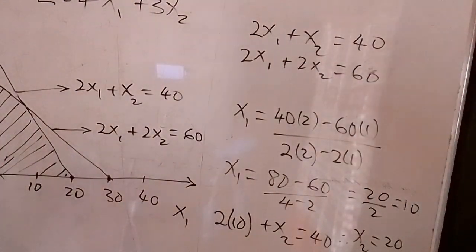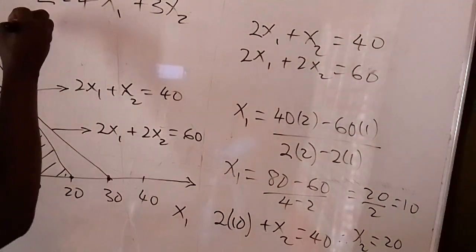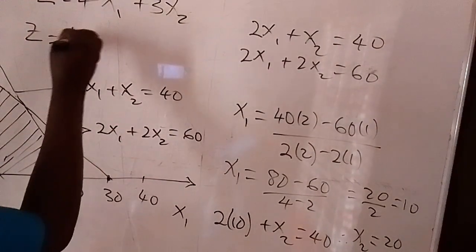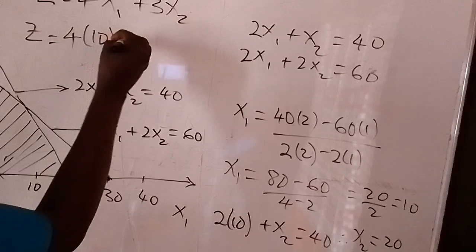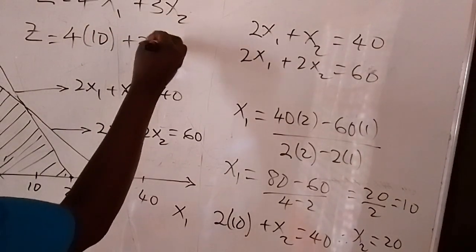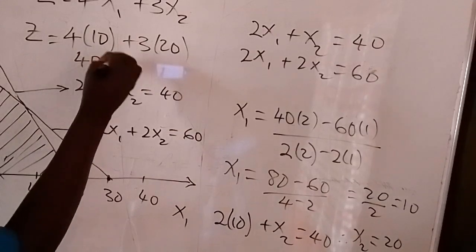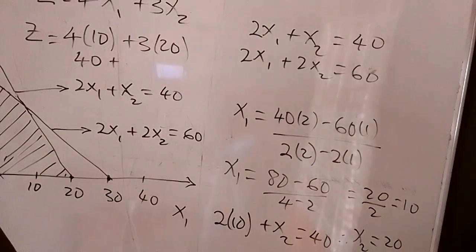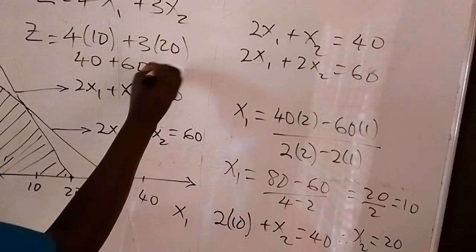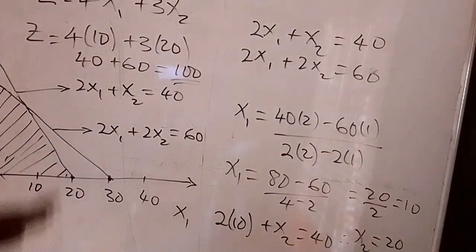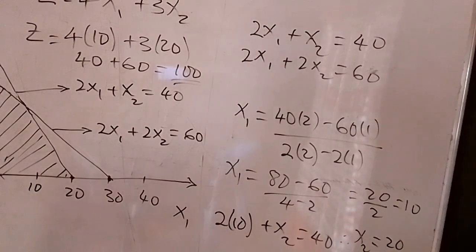So we substitute here to get the maximum profit: 4 times 10 plus 3 times 20. 4 times 10 is 40, plus 3 times 20 we get 60, and this is equal to 100. So now the maximum profit is 100. It can be in SSP or it can be in US dollars.